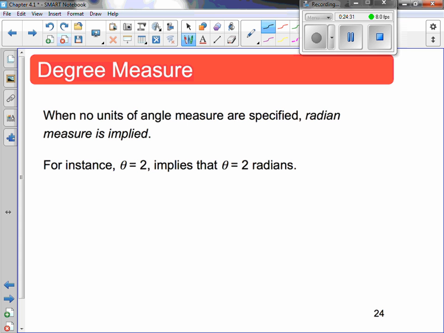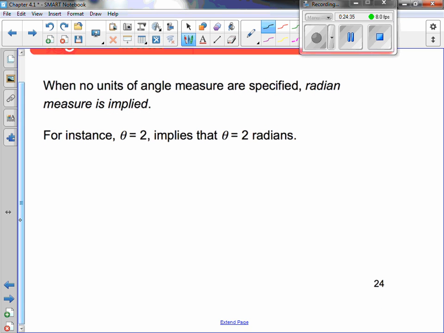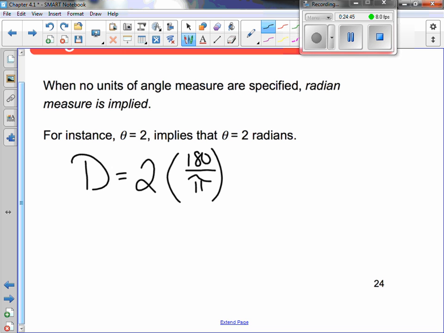So for instance, if the angle is 2 radians, to find the degrees, I'm going to take that radian measure and multiply it by 180 over pi. You can type that in. If it says round to 3 decimal places, you're just going to write it as a decimal.